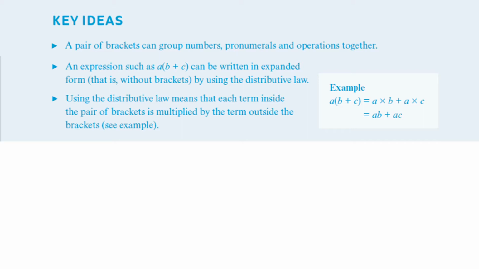So the way we show this expansion is like so here, where we multiply A with B and we also multiply A with C. Okay, so this A is common to both B and C, so we need to perform that multiplication with the B and the C.